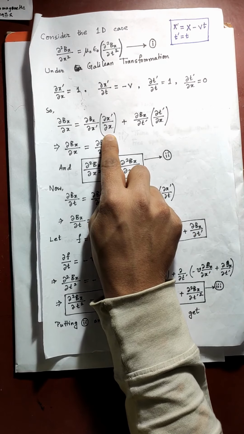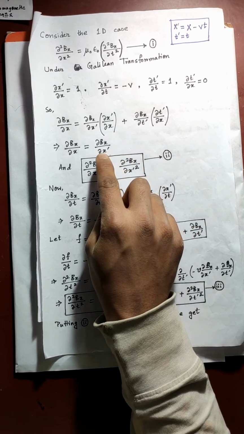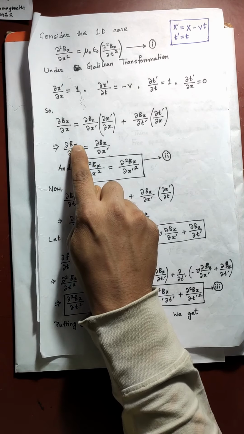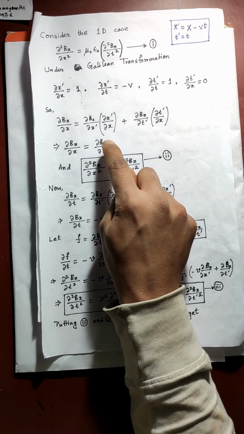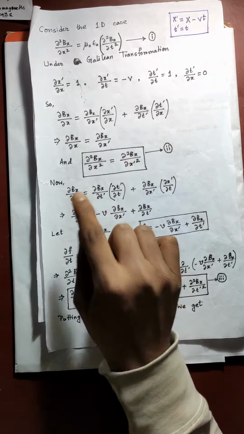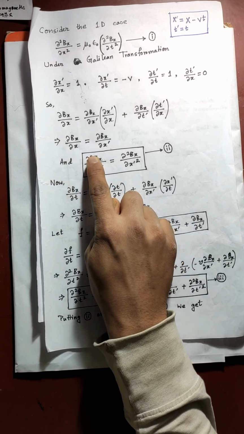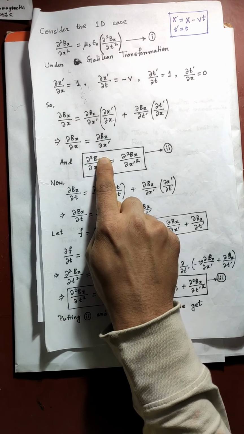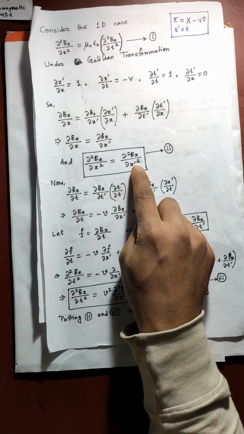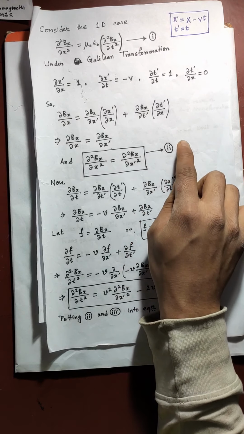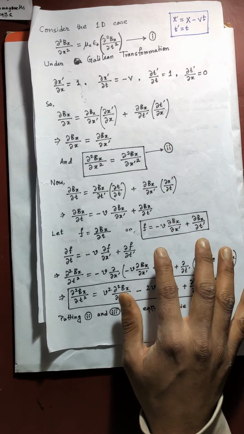Again substituting these values here, we get del x of Bx equals del x prime of Bx. Taking another derivative, del x square Bx equals del x prime square Bx. We are writing this as equation 2.